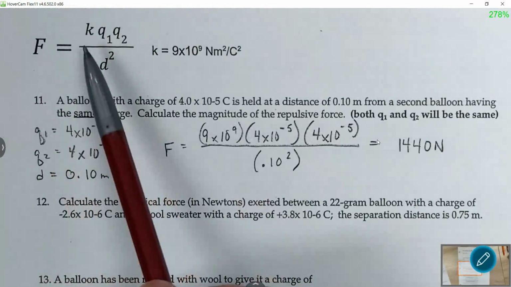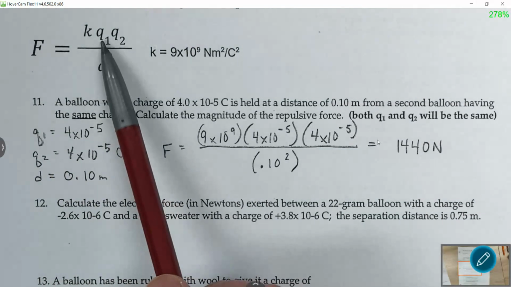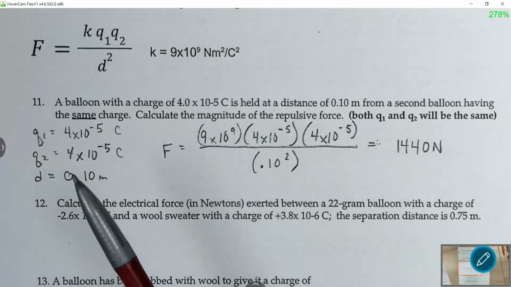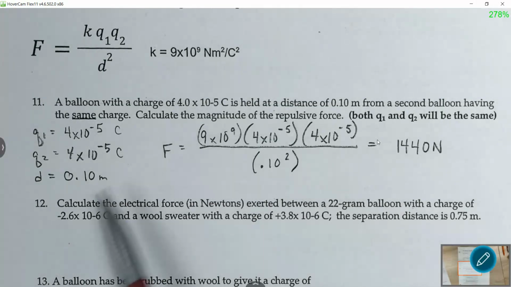You have Coulomb's law equation, k q1 q2 over r squared, where q1 and q2 are the charges of the first and second object and r is the distance between them. K is the constant, which is 9 times 10 to the 9th newton meter squared over coulomb squared. Make sure you can throw everything into a calculator with your exponents.